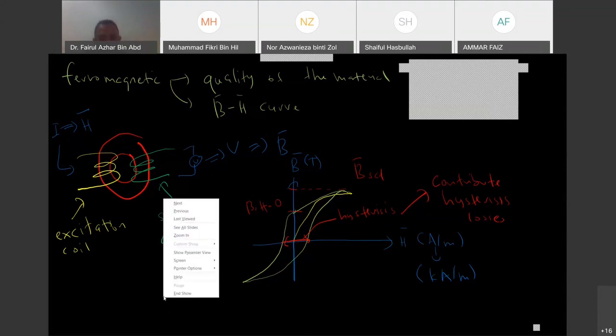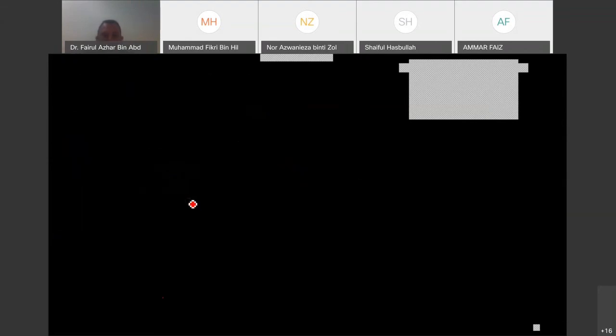Then because we have more than one type of material, definitely we need to consider the boundary condition.